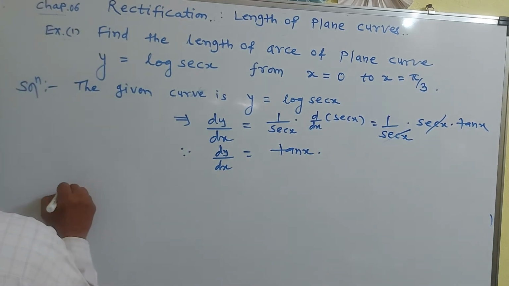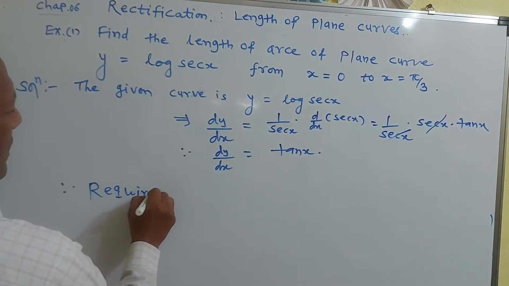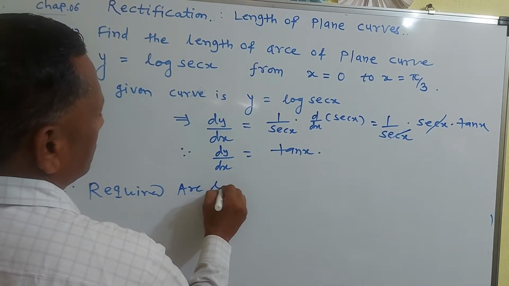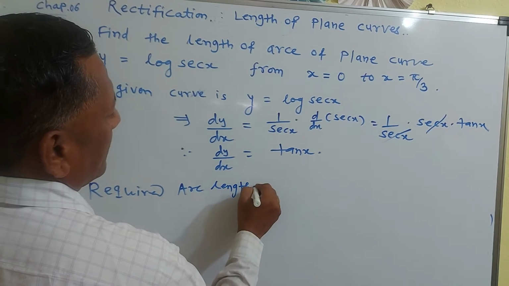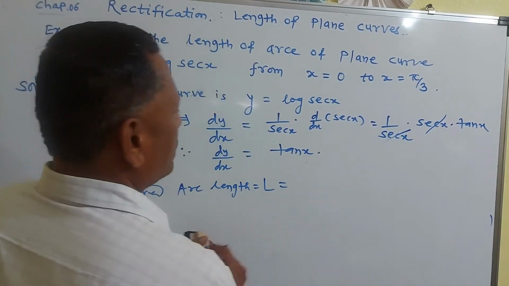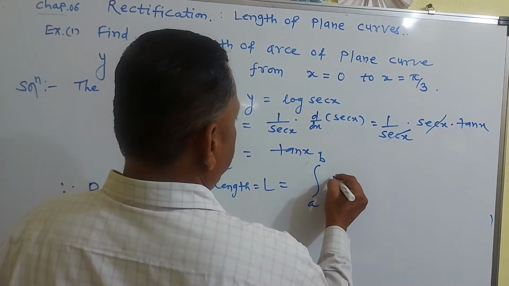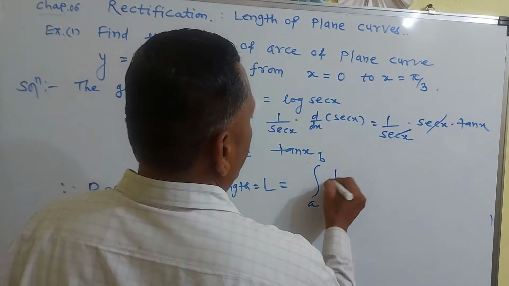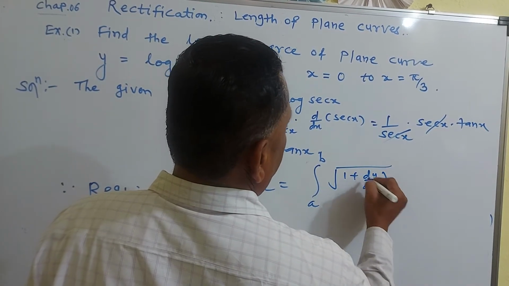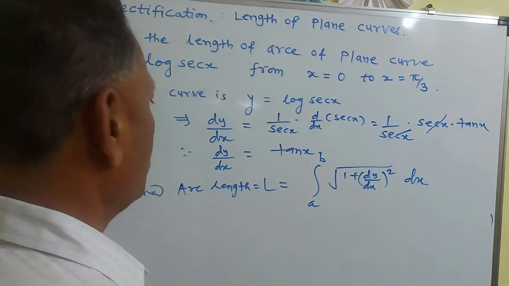Then the required arc length is given by L is equal to integration going from a to b root of 1 plus dy by dx square, integration with respect to x.